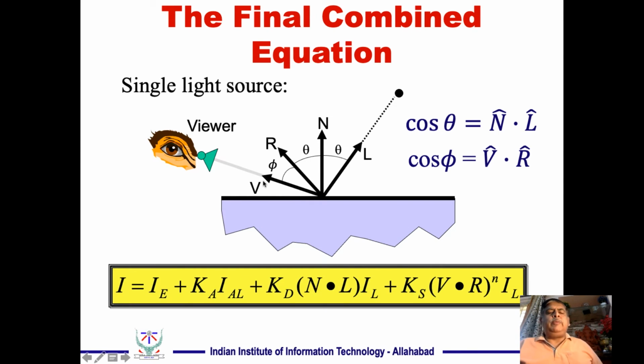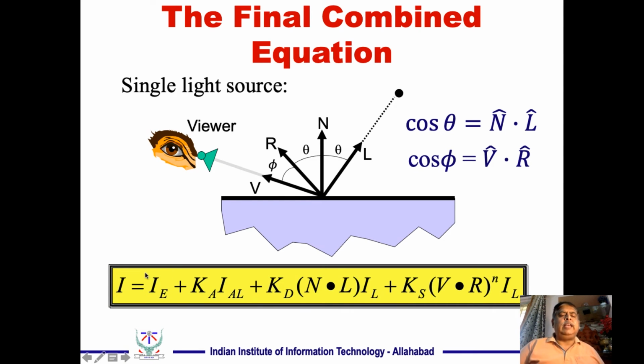So in the equation below, as you see, Ke has been replaced by IE. It is one and the same thing. Ke was chosen because it was specifically the property of the material, but since this term is both the light source as well as the material, we can choose either Ke or IE.